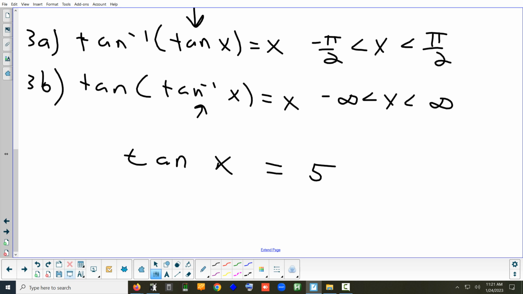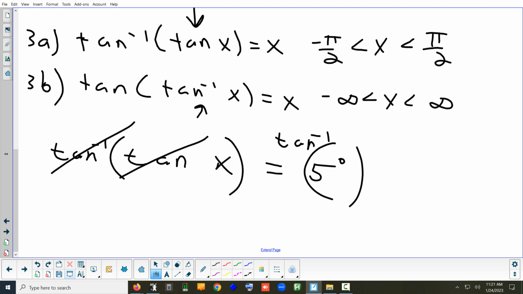The way you get rid of the tangent function to isolate the variable is with inverse tangent. Let's pretend that was in degrees, because in degrees you can be -90 to 90 and 5 would be fine. And that's when you would use something like formula 3a, when you're trying to solve for a variable in a trig function.